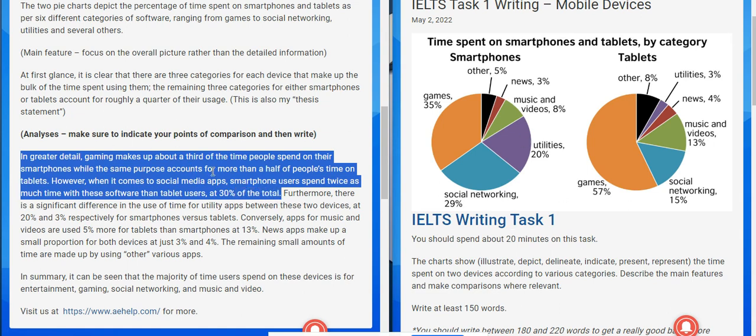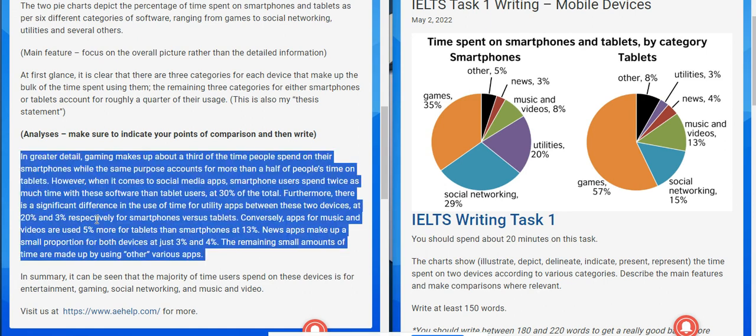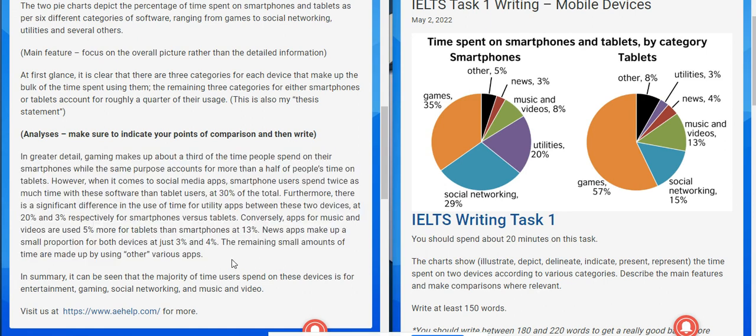The information was given first for smartphones, and then the tablets are described with 'however'. Moving on, remember you have to use appropriate linking words like furthermore, however, and respectively, so you will get enough marks for cohesion.